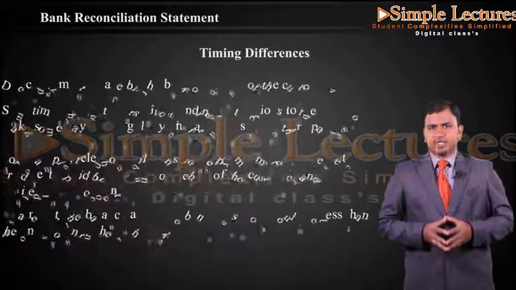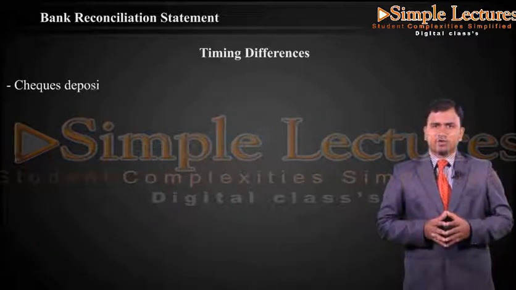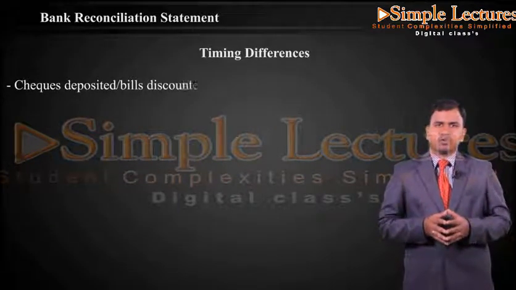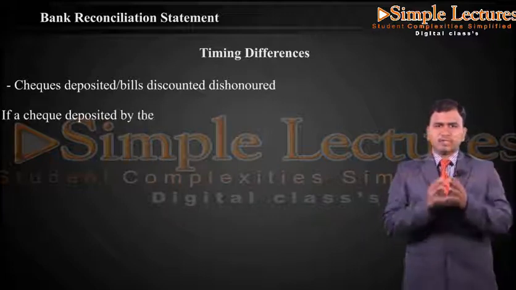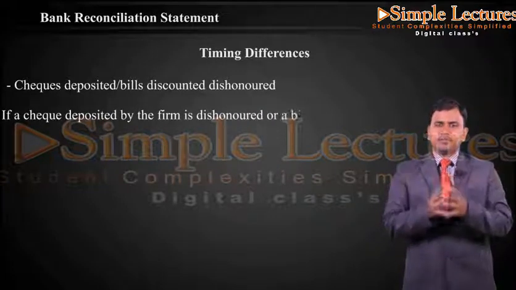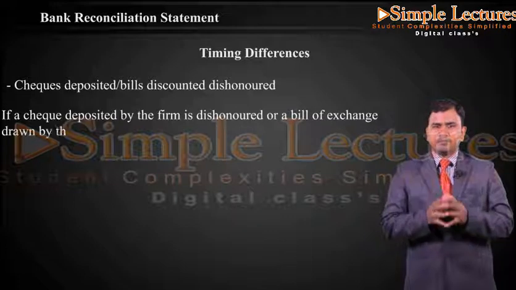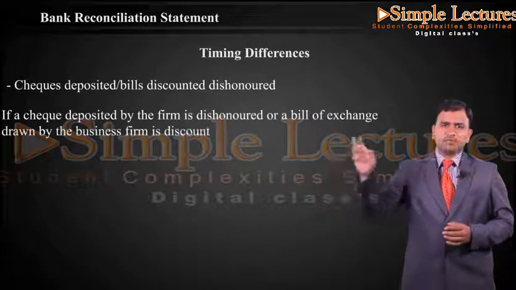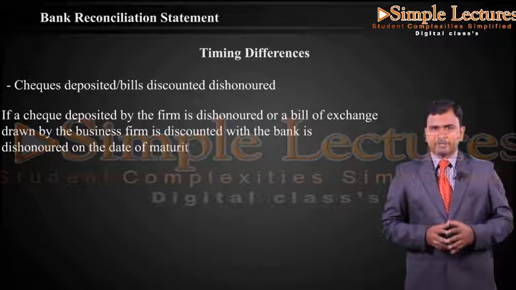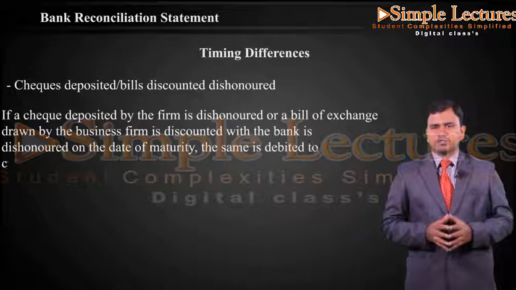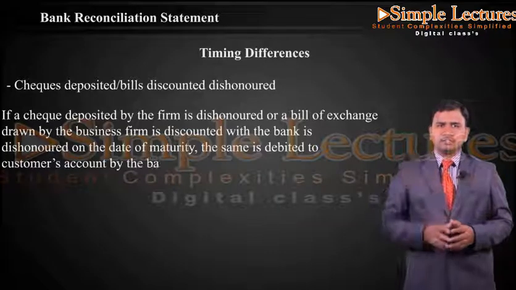Then again we have checks deposited or bills discounted that are dishonored. If a check deposited by a firm is dishonored, or a bill of exchange drawn by the business firm and discounted with the bank is dishonored on the date of maturity, the same is debited to the customer's account by the bank.